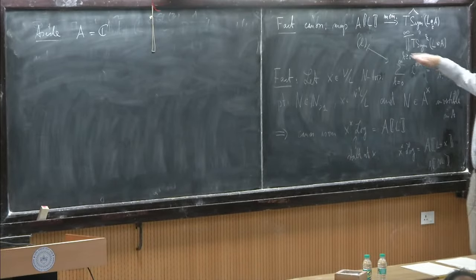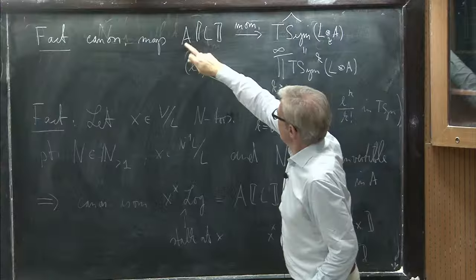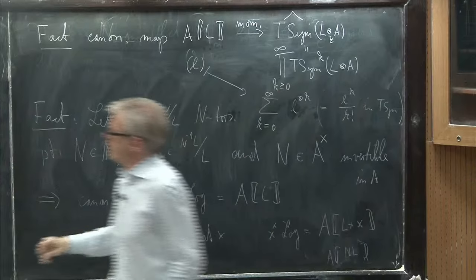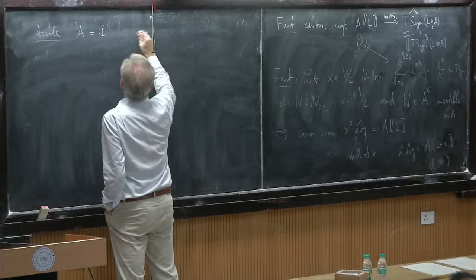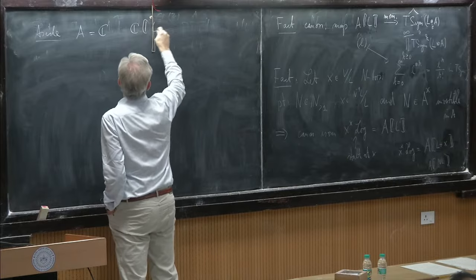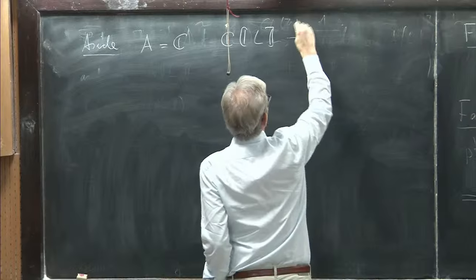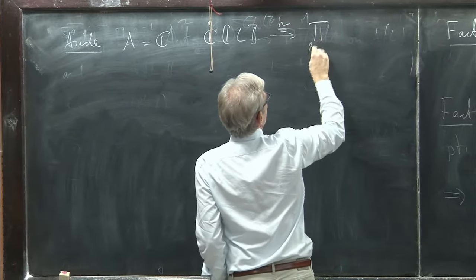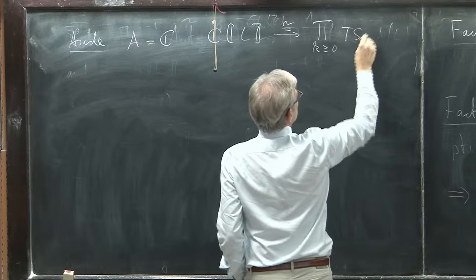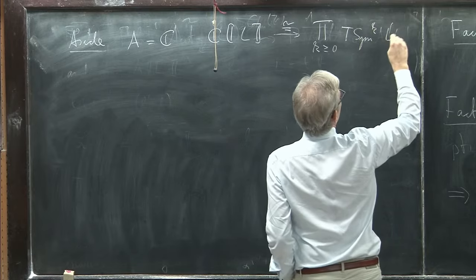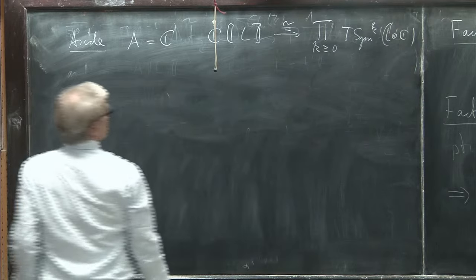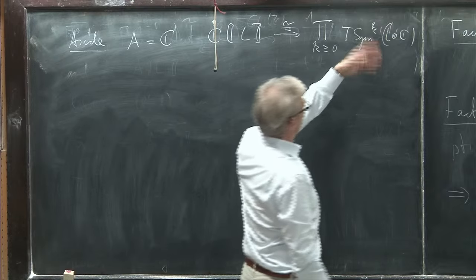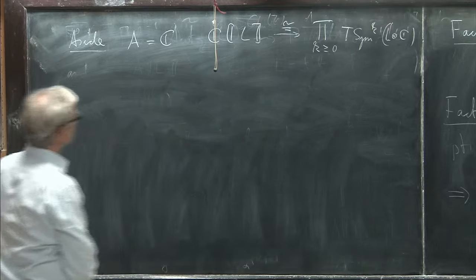This map in general is not an isomorphism, but if A is a Q algebra, it is an isomorphism. So if A is C, then CL is isomorphic to this completed tensor of symmetric powers. L tensor C is a vector space, so this is like a power series ring if you choose variables.